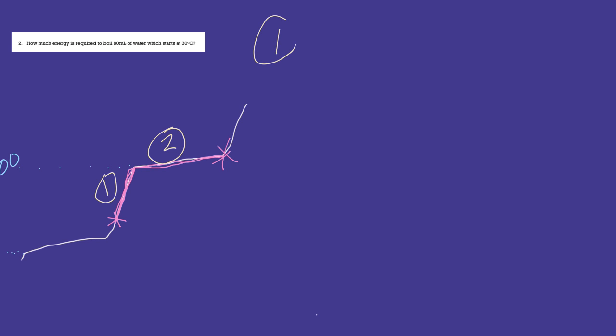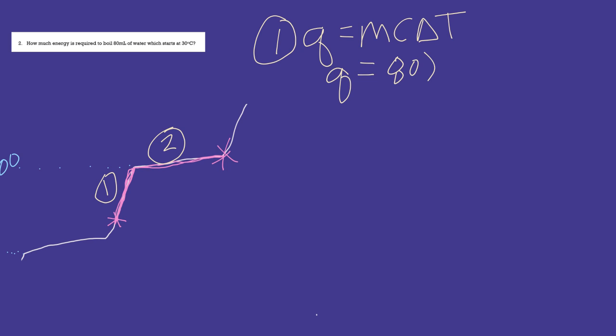So for calculation number 1, because the temperature is changing, we can use Q equals MCΔT. Q equals mass. Since it's 80 milliliters, that's equal to 80 grams since the density of water is 1. Times 4.18. Change in temperature: if we are starting at 30 and going to 100, it's going to be 100 minus 30.